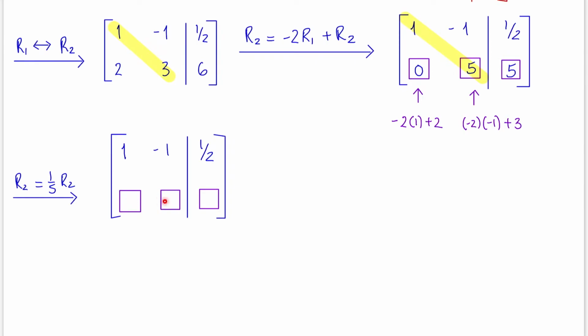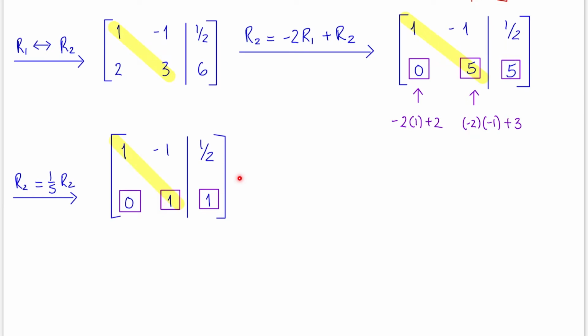To get these 3 elements, I need to take 1/5 times the elements in the previous row 2. So I will take 0 times 1/5, 5 times 1/5, and then 5 times 1/5. 0 times 1/5 is 0. 5 times 1/5 is 1. 5 times 1/5 is also 1.